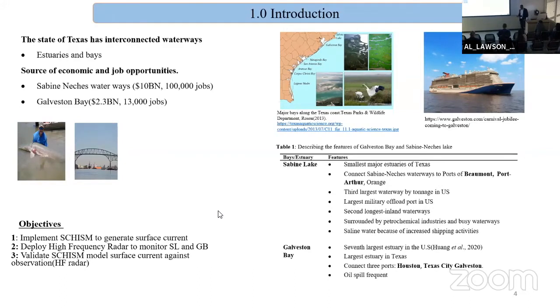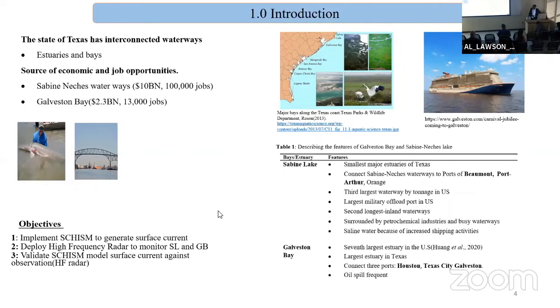Aside from that, these estuarine environments have high refinery traffic because of their proximity to the petrochemical industry. As a result, a lot of oil and substance spills happen. The Houston Chronicle reported that in Galveston Bay alone, about 10 to 14 oil spills occur in a year. And as such, it's very important that we monitor what happens in that environment.